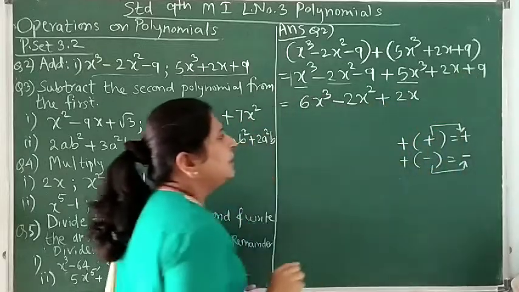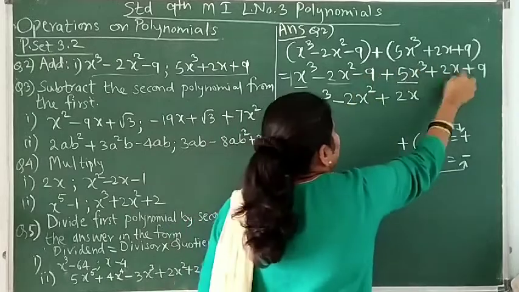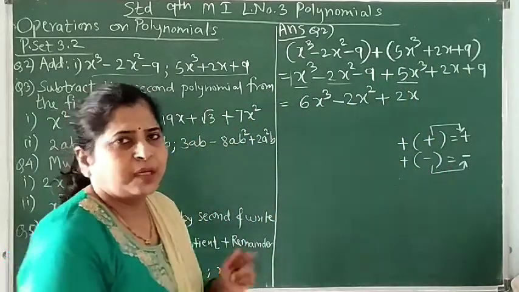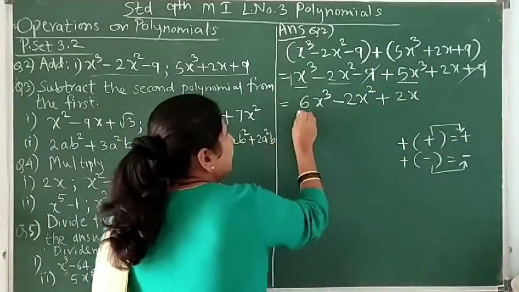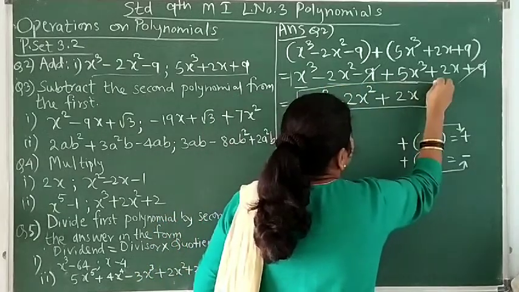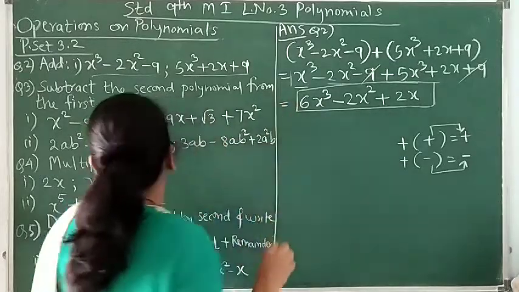The signs are different, and when the signs are different you have to subtract. 9 minus 9 cancels out and becomes 0. So that is your final answer of this addition. Once you understand this simple thing, you can do the other sum for addition.